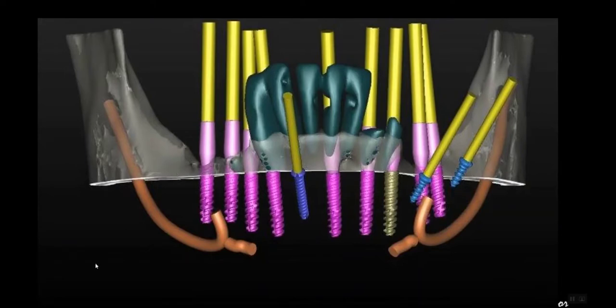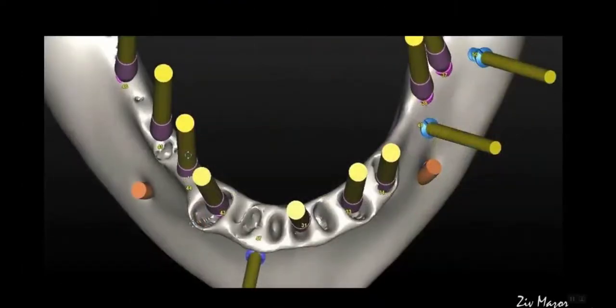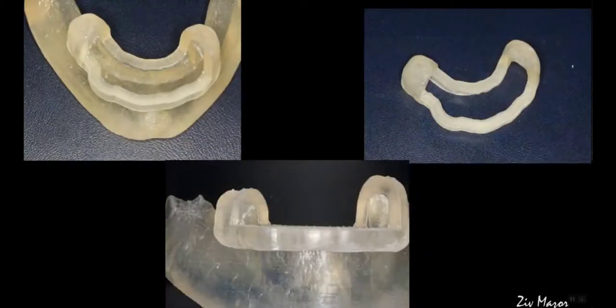Now, that has to be very, very accurate, because if it's not accurate, we would not be able to sit our surgical guide. So that is the plan. We extract the teeth in the software, and we create what we call a reduction guide.